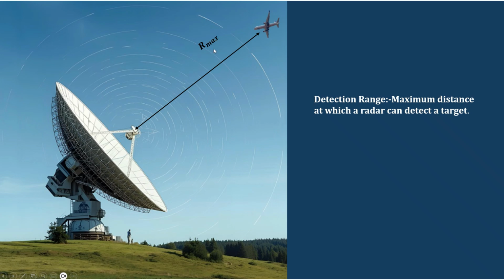In this case, R maximum depends upon the transmitted power. If the transmitted power from the radar is more, the detection range can also be more, but it is not a direct relationship. We can see how it is when we derive the radar range equation. It also depends upon the size of the target.